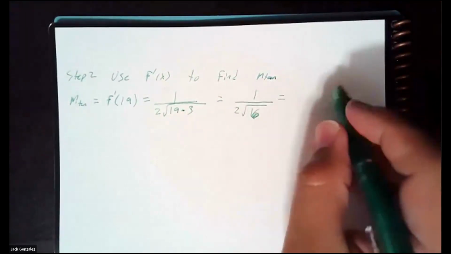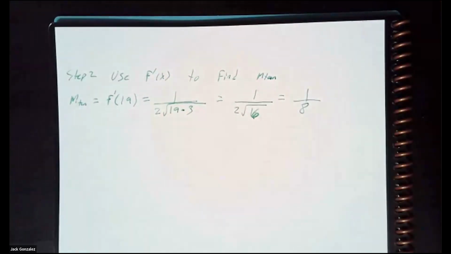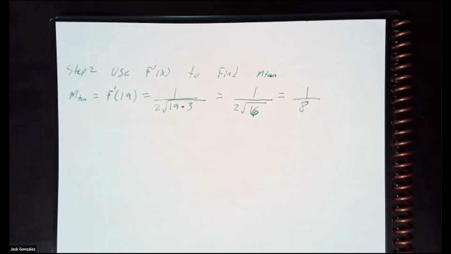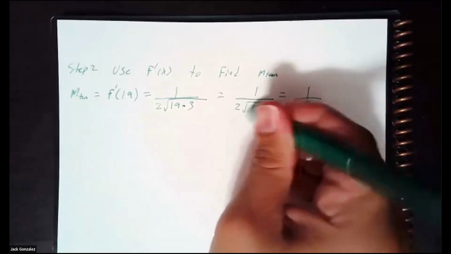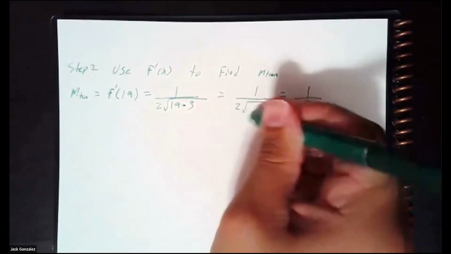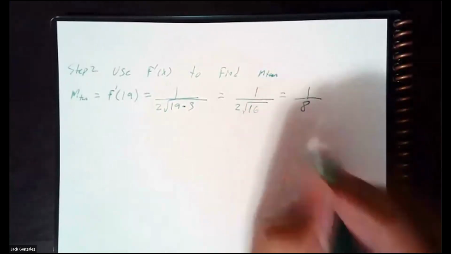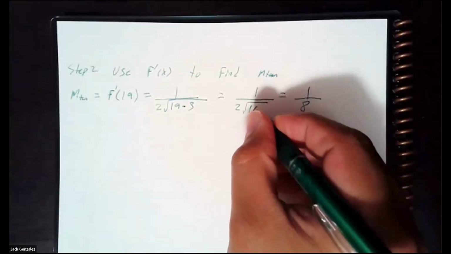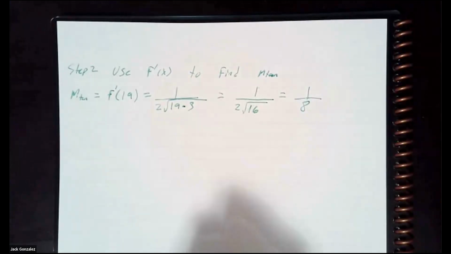The square root of 16 will be 4, so this will be 1 over 8, correct? Is it 16 in this? Yes, this is supposed to be 16. So the square root of 16 is 4, and we multiply that by 2 and it's 8, right? Yes. Okay.